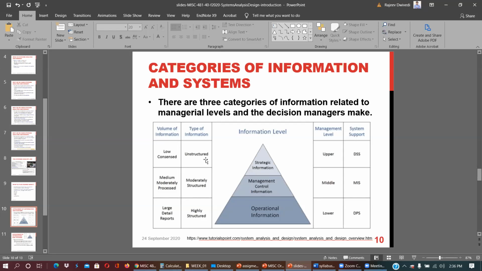Based on all those categories, here are the information levels: strategic information system, management information system, and operational information system. So this is the lower level, middle level management, and upper level management based on the hierarchy.